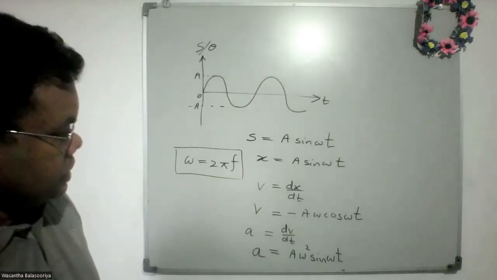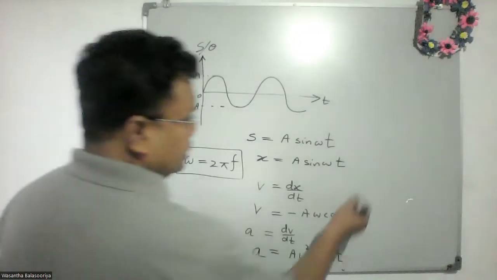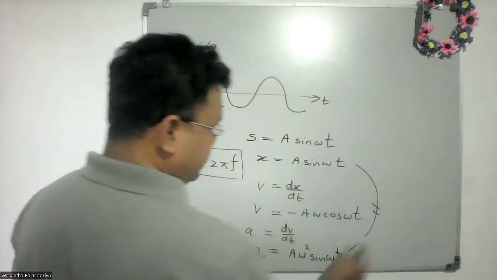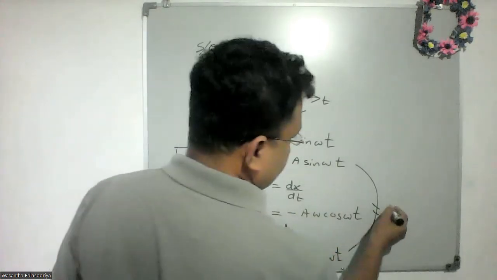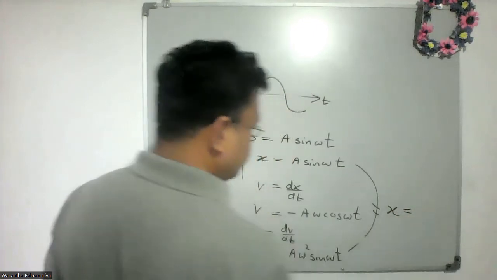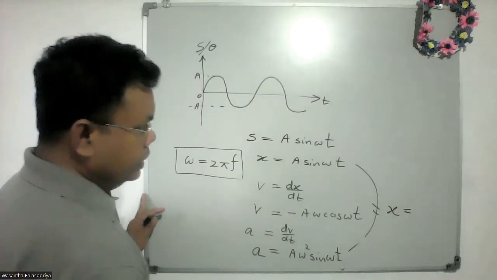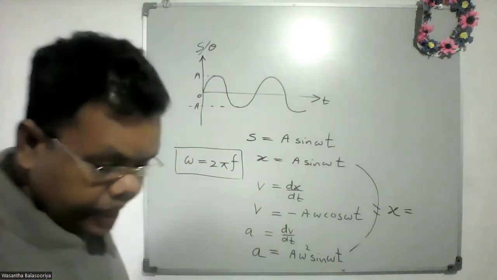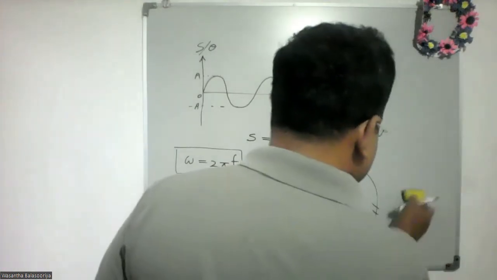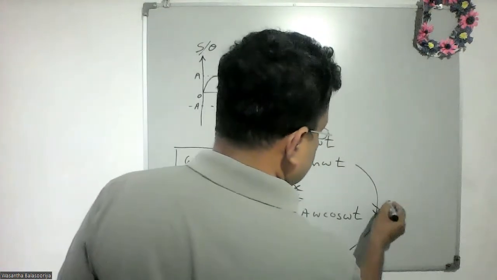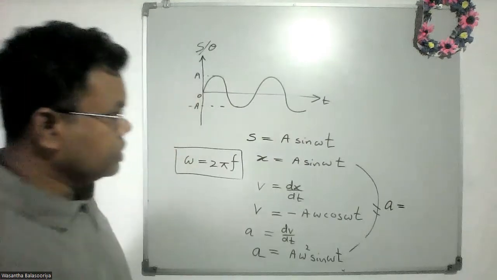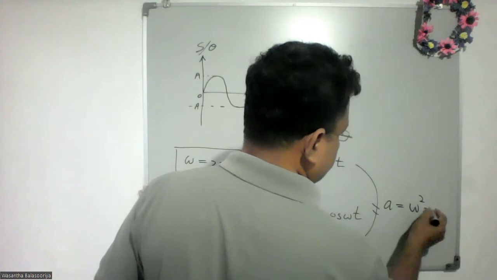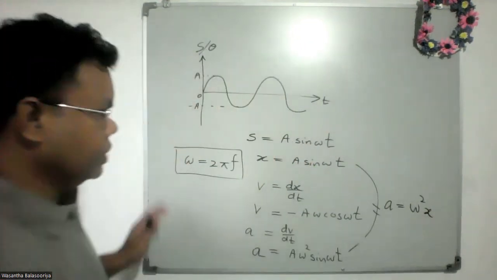The acceleration is A omega squared sine omega t. Therefore, combining these two relationships, we can write that acceleration equals omega squared x.